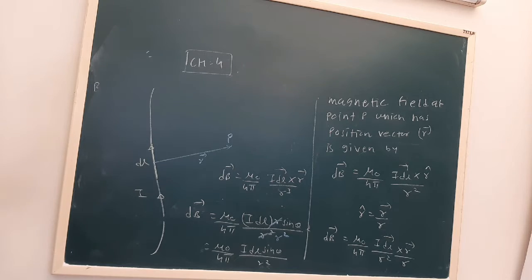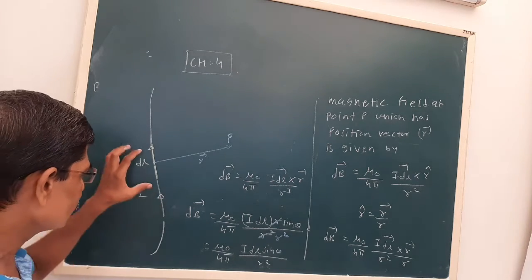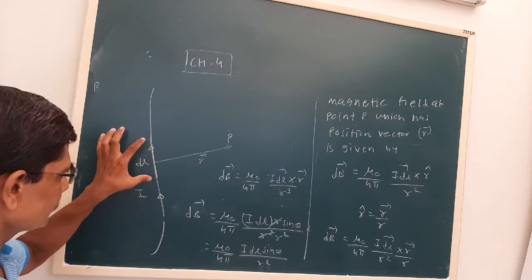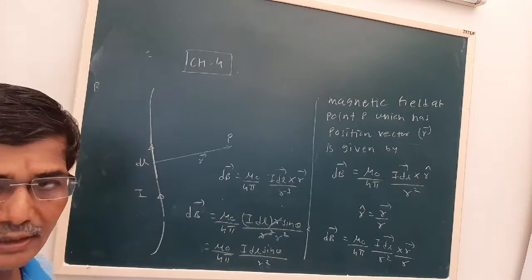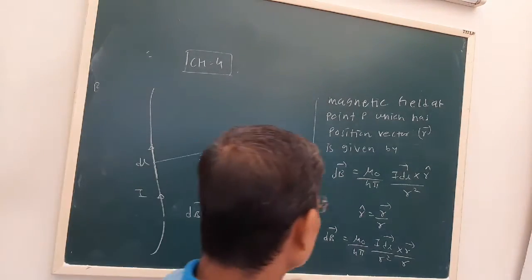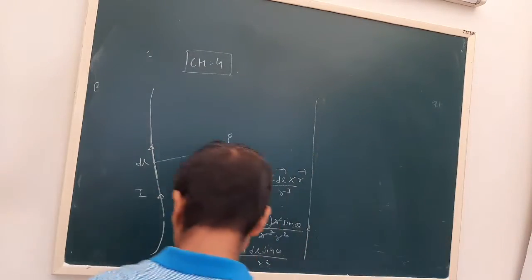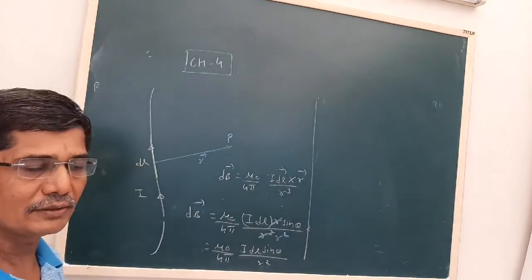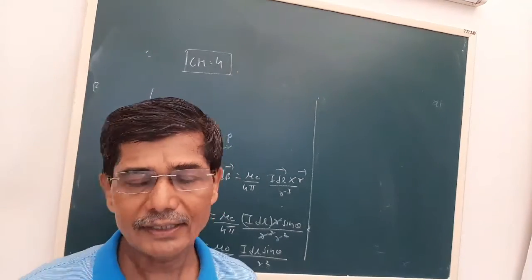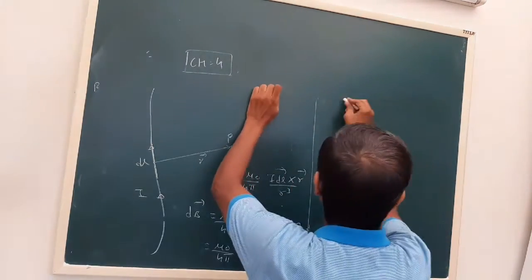Now this is a magnetic field due to a small part IdL, that is a current element. Now suppose we have to find out the magnetic field due to the whole current distribution, then it can be obtained by integration. So we can write like this.